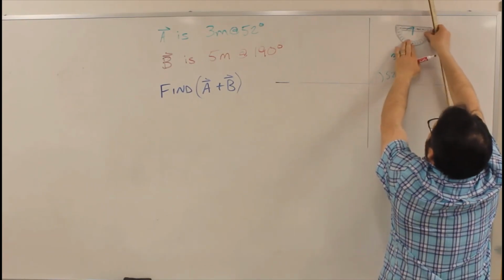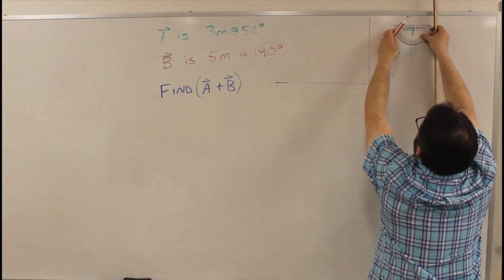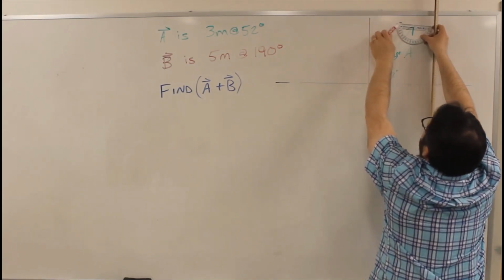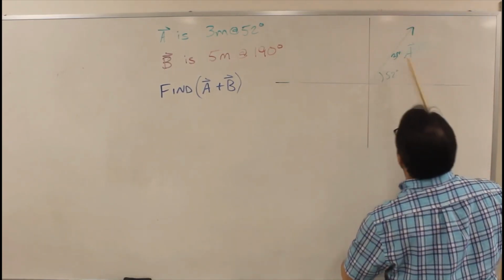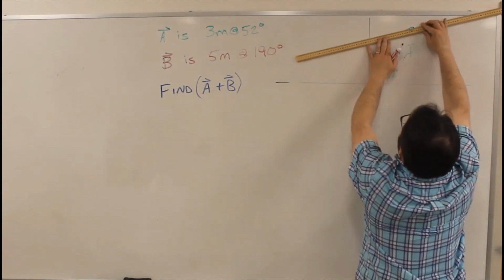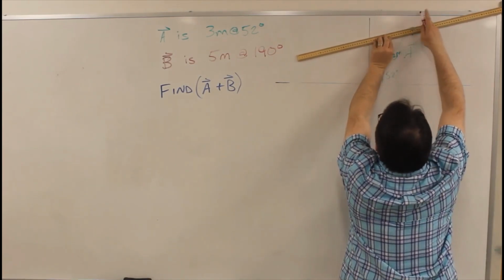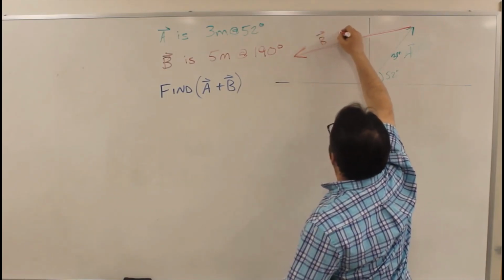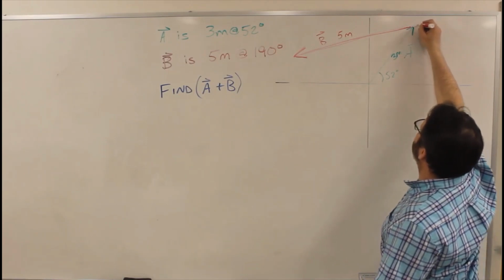So I've got to flip my protractor over, get it about horizontal, so it'll be moving something like this direction. All right. So I've got a vague idea now. So it'll go about like this. So this is the B vector, which is 5 meters, and the angle 190 is here.